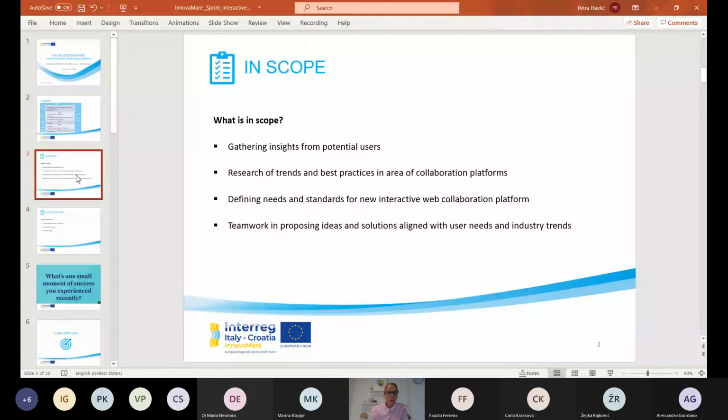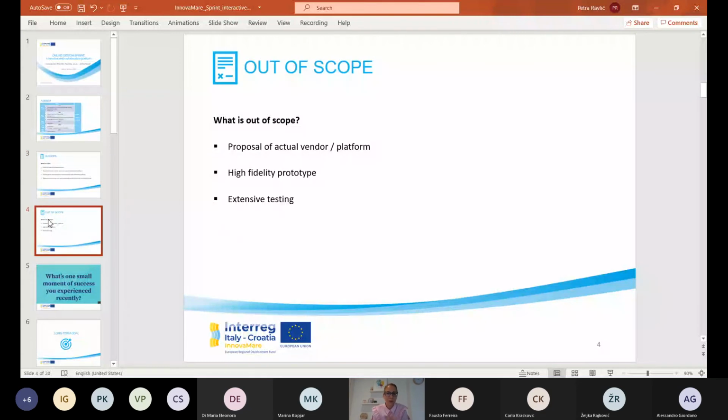Out of scope is proposing any actual vendor or platform as such. Also, due to the very constrained time, we will not do the high fidelity prototype. We will do the prototype in a simpler way, let's say.